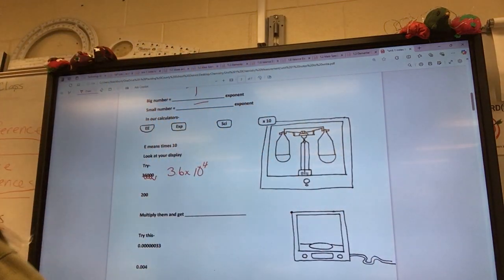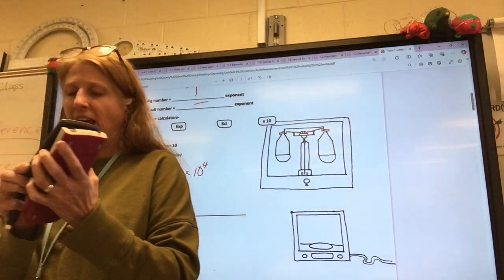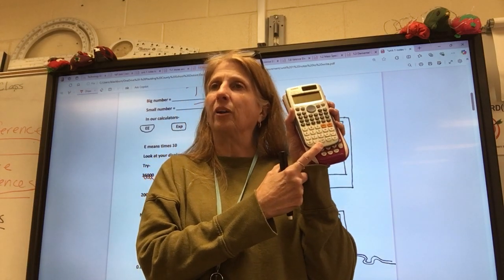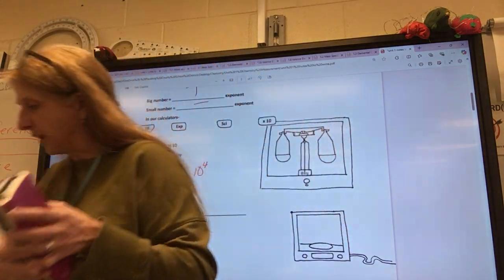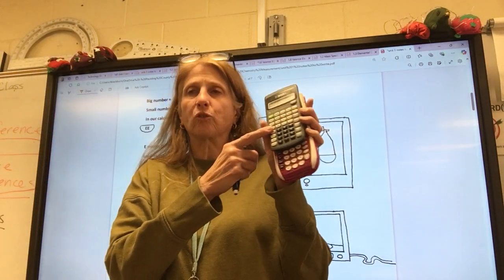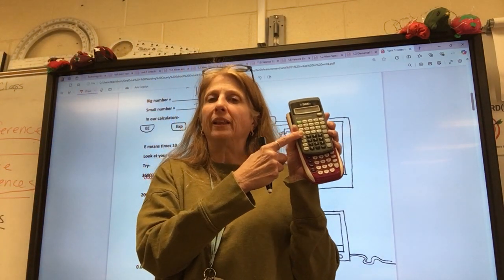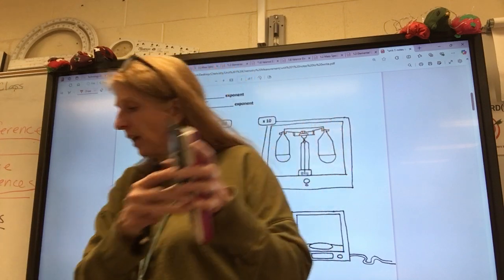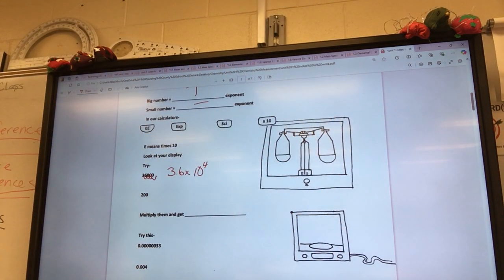On this calculator, if you have a Casio, it says times 10 to the X at the bottom. That's your button right there if you have a Casio. If you've got this one, it's right there at the end of my finger. It's a button that says EE. Do you see it? Okay, let me find one of these. I wanted to show you the 36. I don't have a 36.